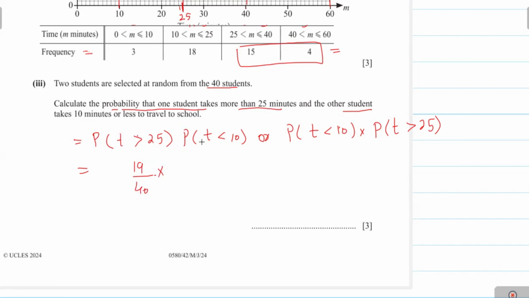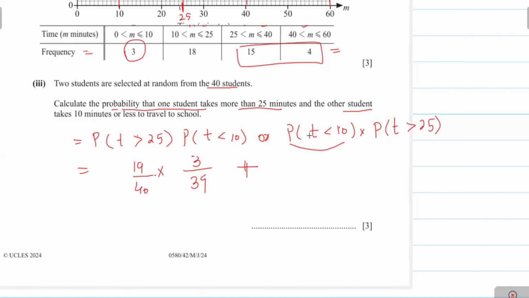And the probability of a student who takes 10 minutes or less, look here, the number of students is 3. But the total students here will be 39 because one student is already selected. Then we substitute the value of P, where P is less than 10 minutes.